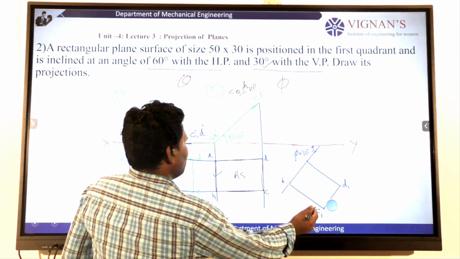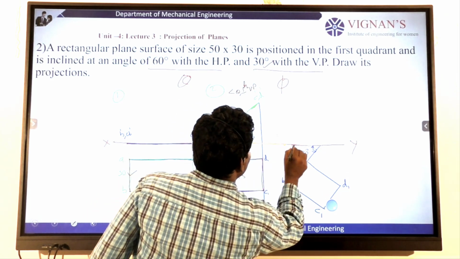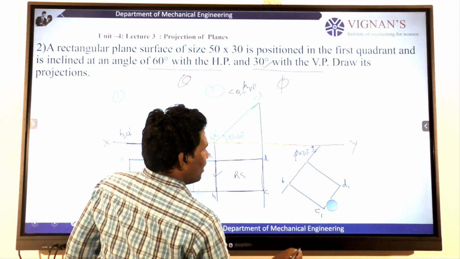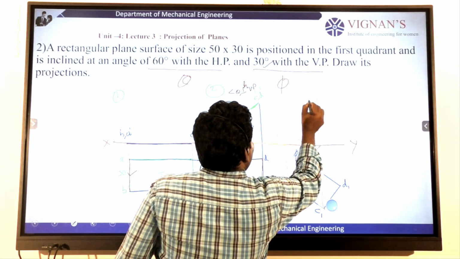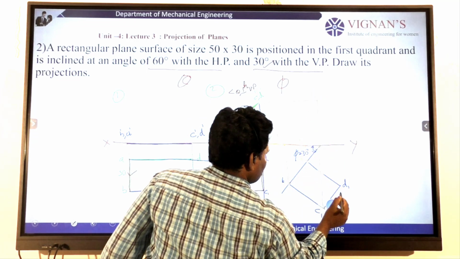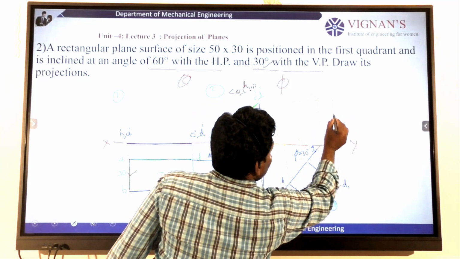Now what about A? A also similarly from here, A1 dash. What about C1? The projector passing from C dash, this is C1 dash. And what about D? D also coming like this.